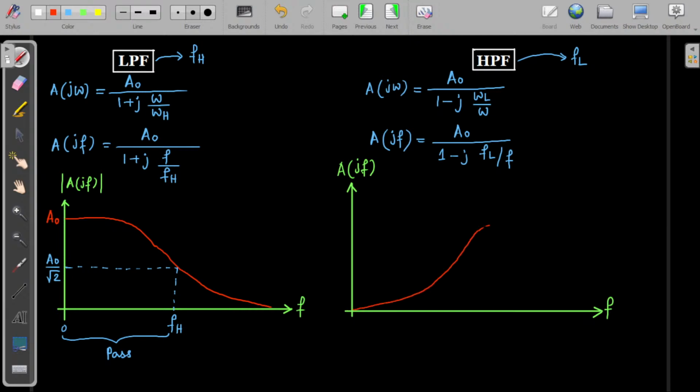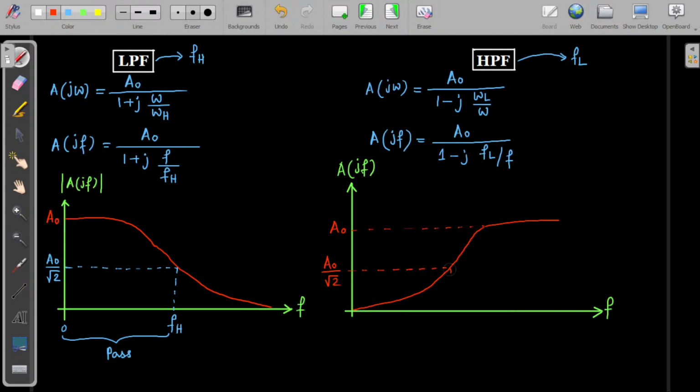High frequencies are passed, let us say the maximum gain is A0, and here it is A0 by root 2.